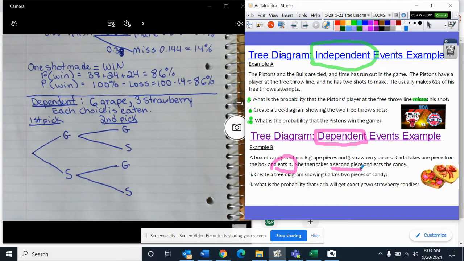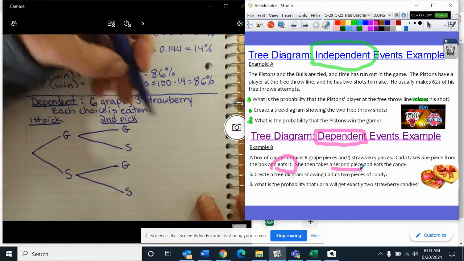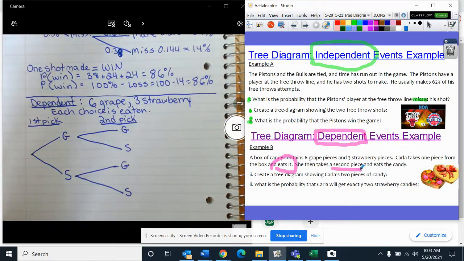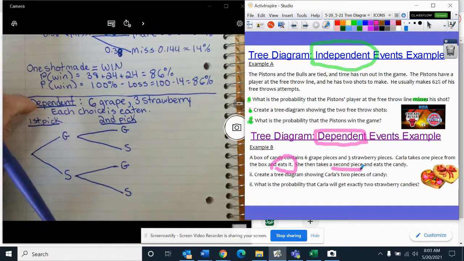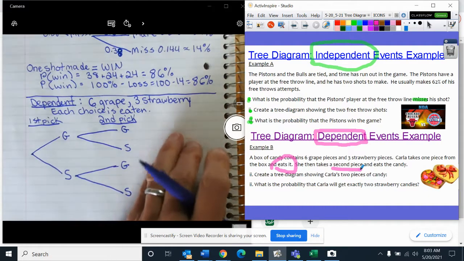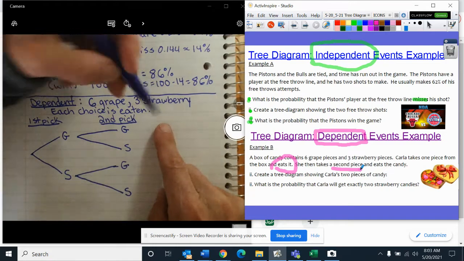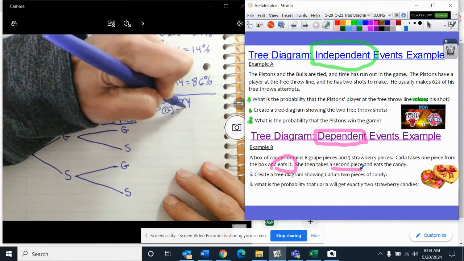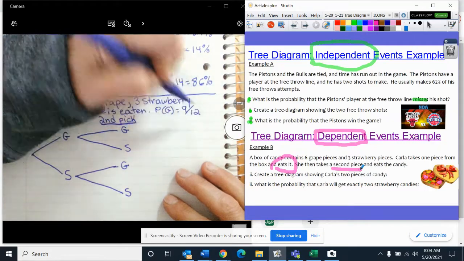So now let's look at the probabilities. Notice that there is a total of 9 pieces of candy. Now I know some of you will be eager to reduce fractions, but because this is a dependent scenario, we need to be careful and not reduce until the very end. So the probability of grape is 9 out of 12.